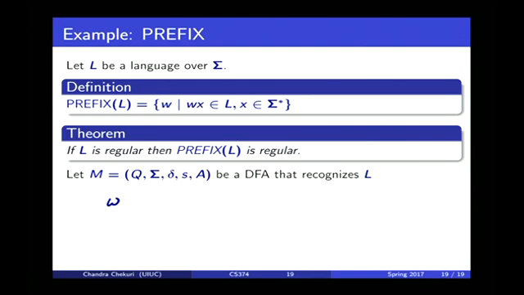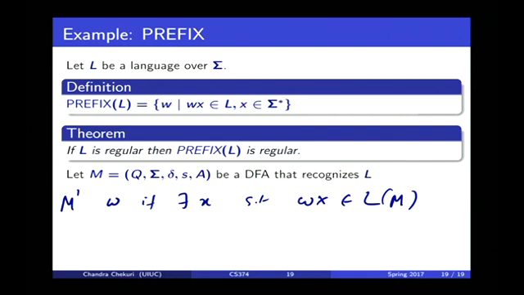Let's call the original machine M. The new machine should accept W if there exists some string X such that Wx belongs to L of M. That means there is some way to add another string X so that I can get to the accepting state of the original machine.